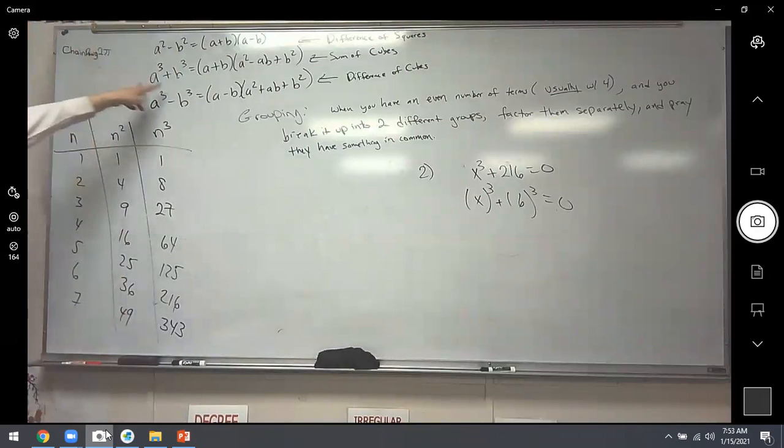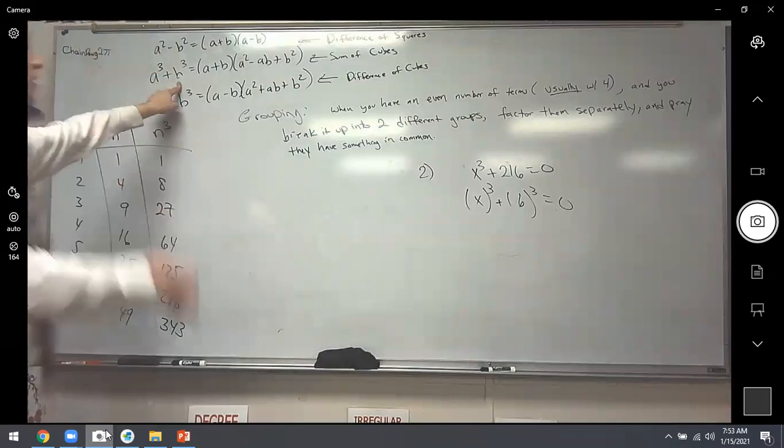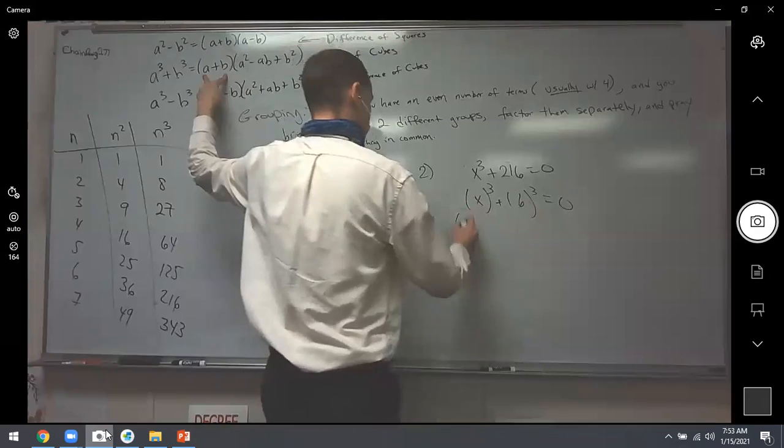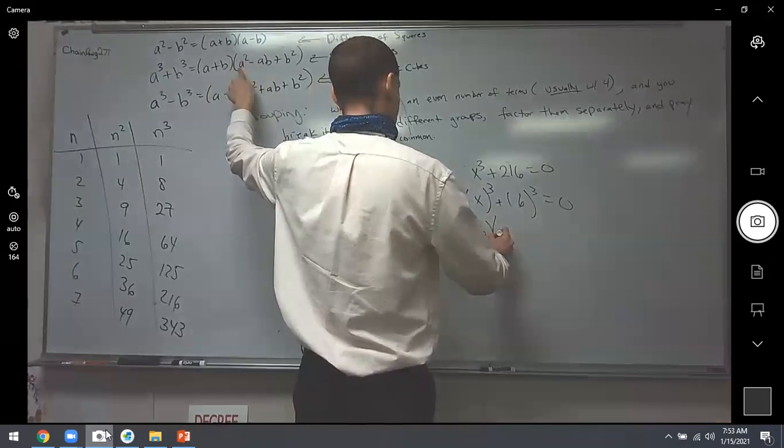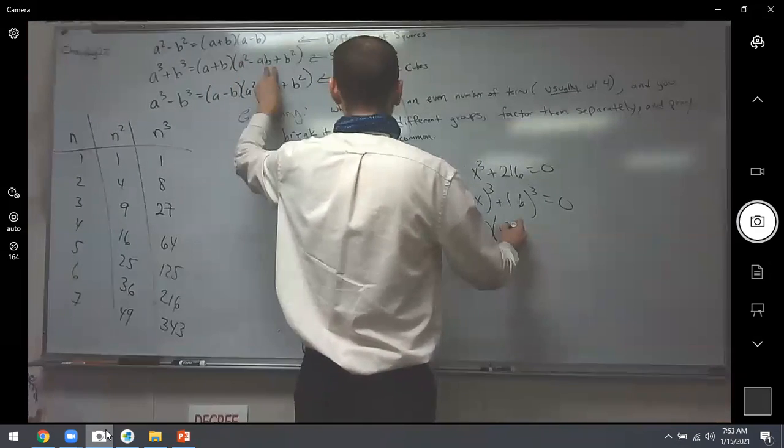So we're going to use our little equation here to do the factoring for us. A cubed plus b cubed is given by this expression right here. In our situation, a would have the role of x, b would have the role of 6. So type it in, it's going to factor into x plus 6 times this stuff, which is x squared, minus their product.